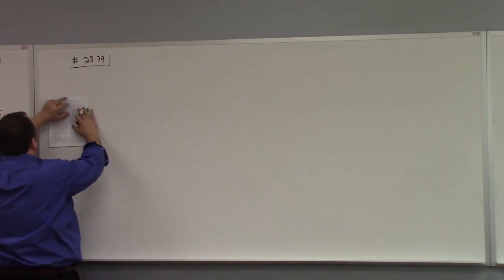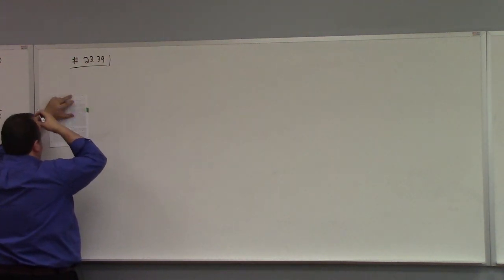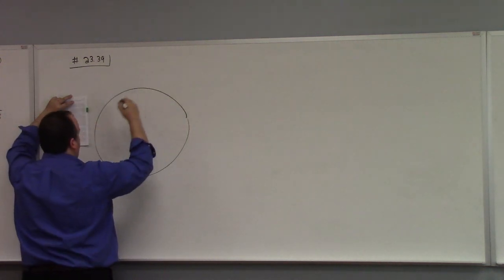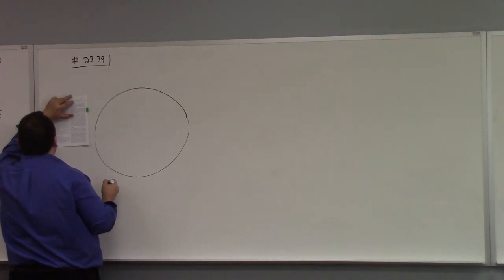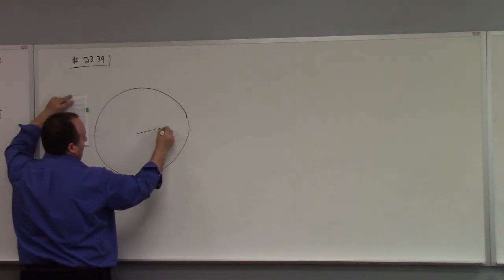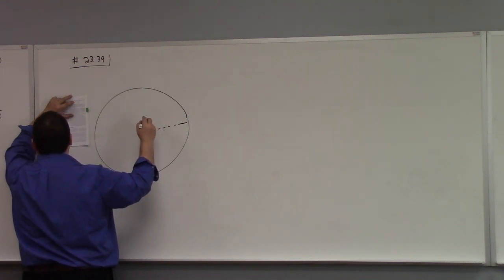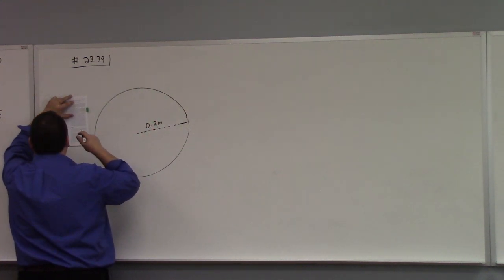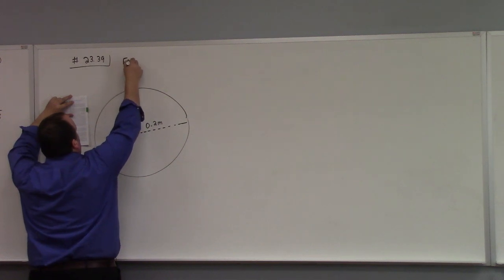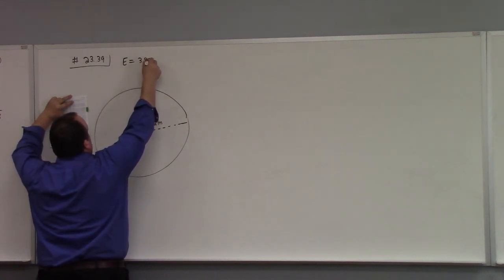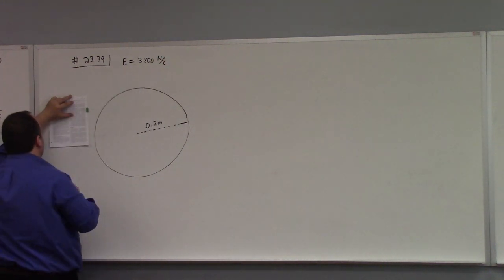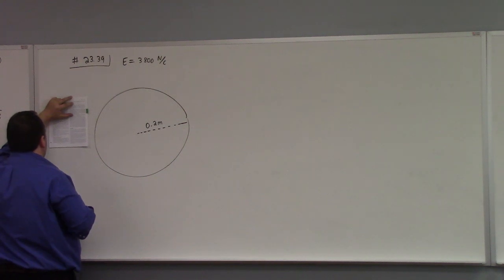My final example for today. The electric field at the surface of a charged solid copper sphere with radius 0.2 meters is 3,800 newtons per coulomb, directed towards the center of the sphere.